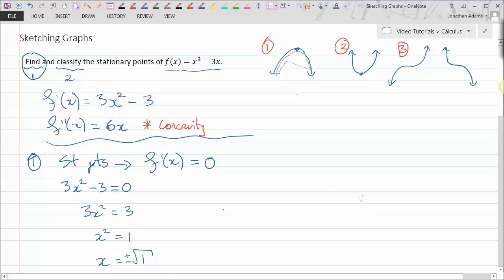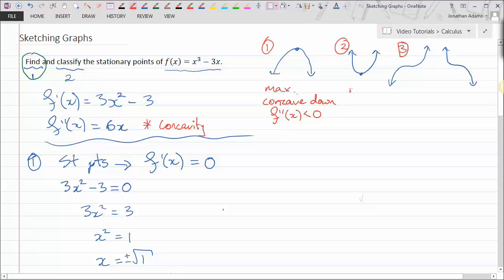Everything around it must be going downwards. So if we've got a maximum, then it's concave down. And if it's concave down, that means that the second derivative is less than 0. That is, it's negative. So the second derivative less than 0 means concave down.